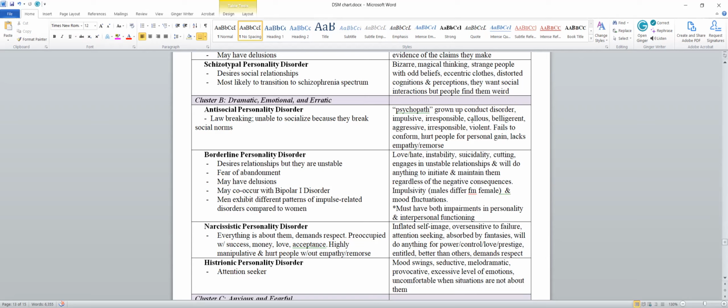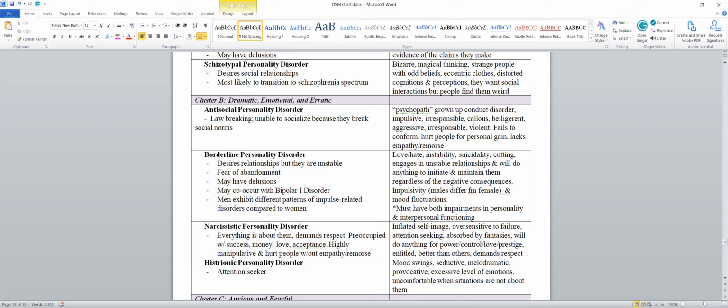The borderline personality disorder, they have love-hate relationships, instability, suicidality. The cutting. They engage in unstable relationships and will do anything to initiate and maintain them regardless of the negative consequences.